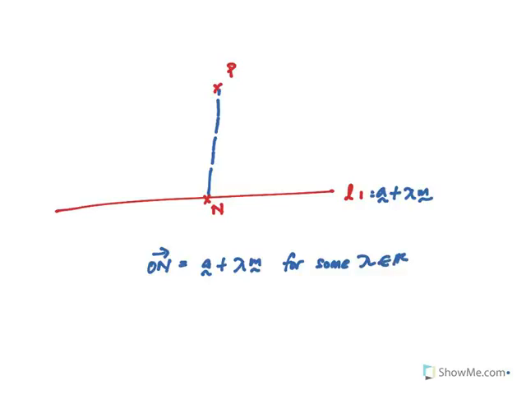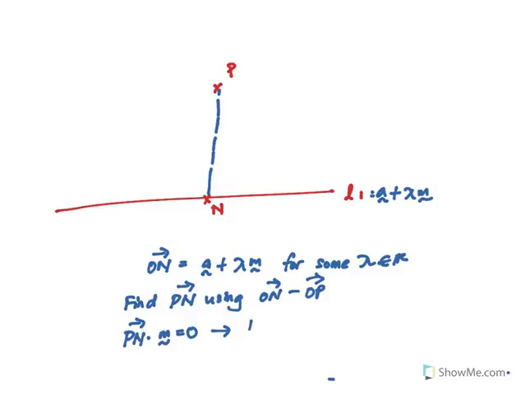And then from there, next we will find PN. We find PN using ON minus OP. And then after that, we take PN dot product with the direction vector of the line. Because we know that this will give us 0, and from here we can find the lambda, which gives the N, which gives ON.